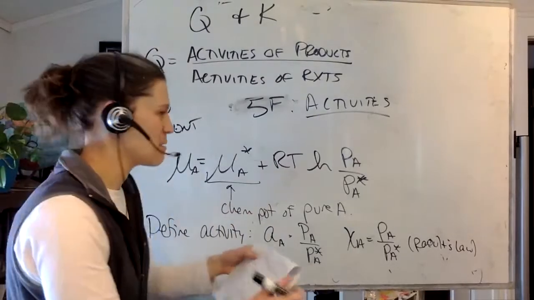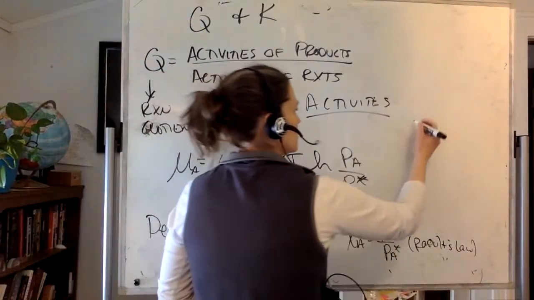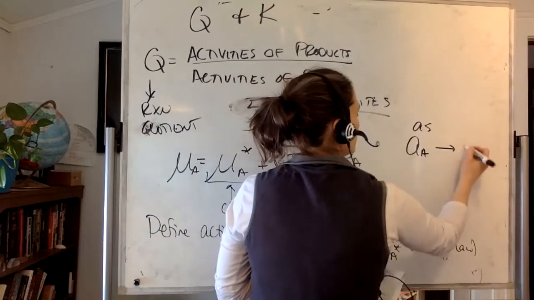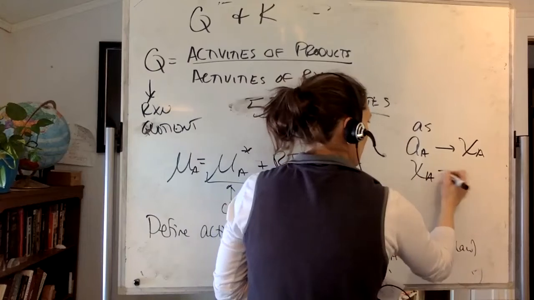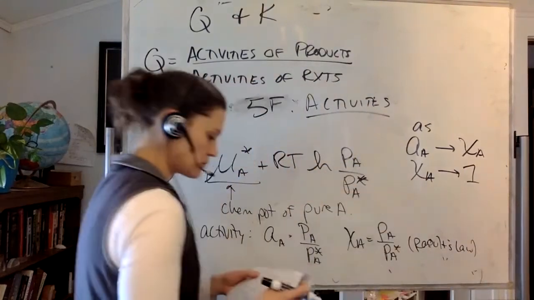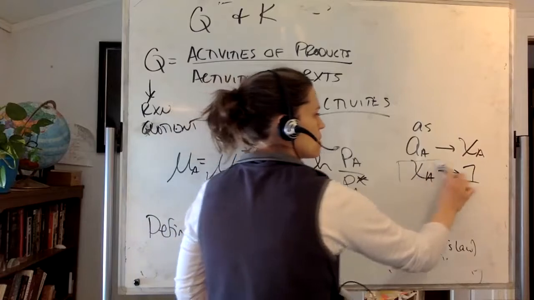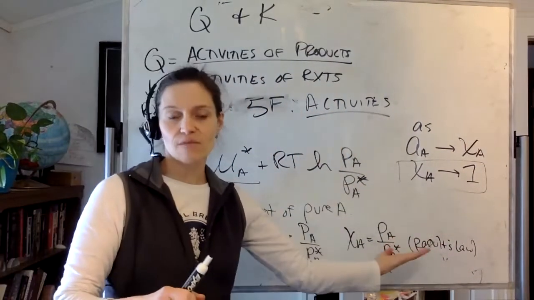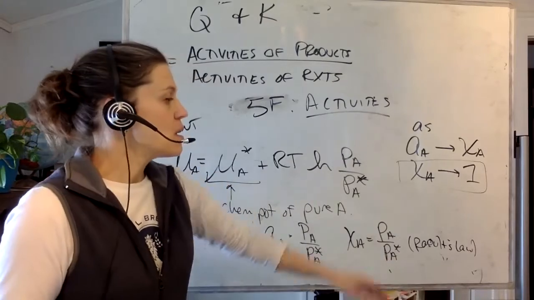Let me say that again. So as the activity of A becomes the mole fraction of A, the mole fraction of A goes to 1. As you have more pure A, this becomes more true. Okay, it's a limiting law.